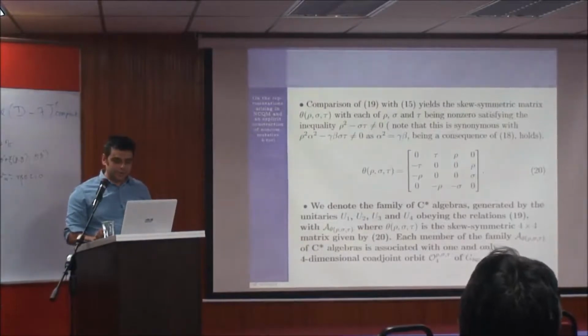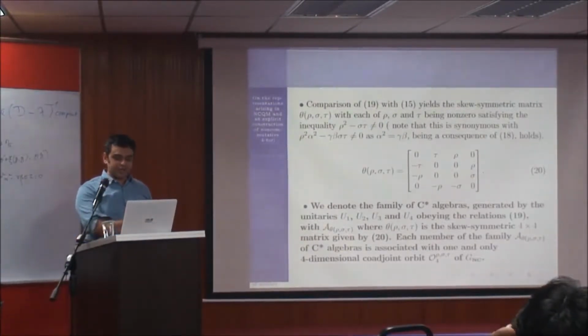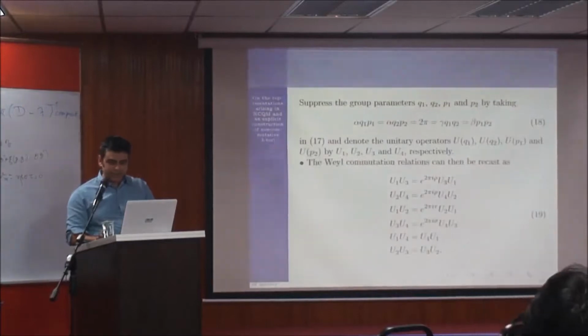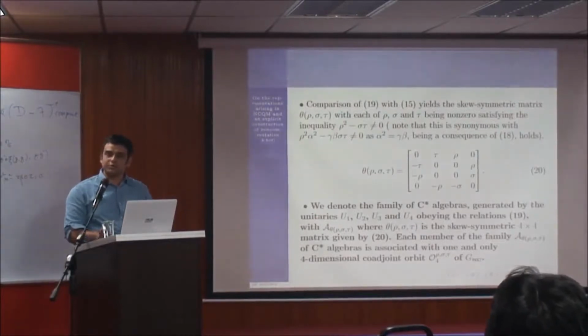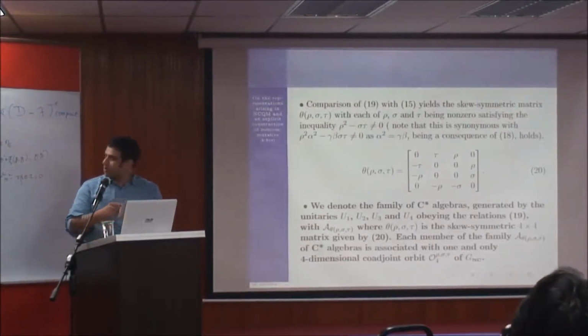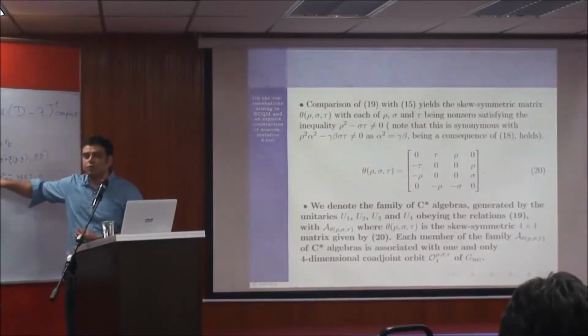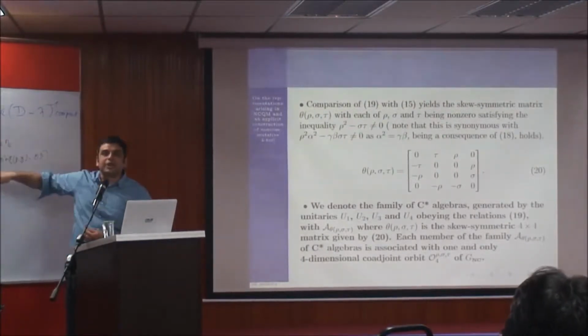I haven't written it here, but we denote the family of C-star algebras generated by these unitaries obeying the relations 19 by A sub theta rho sigma tau, which means that as you go from one point to another point in this R3 space, you get different C-star algebras.